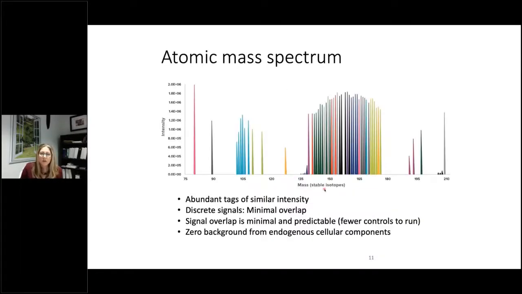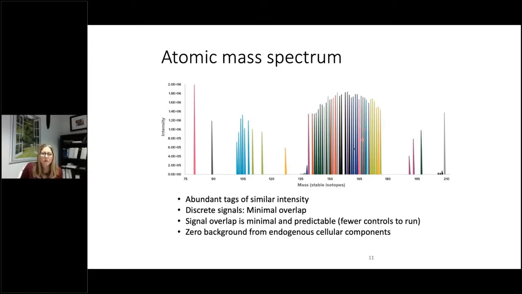The beauty of the atomic mass spectrum versus using fluorophores is a lot of the detection capability has similar intensity. So the detector sees one tag in a similar way that it sees another tag. Whereas with fluorophores, you might have a very strong BB421, but maybe BB786 is much weaker.